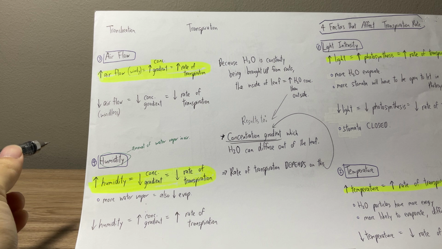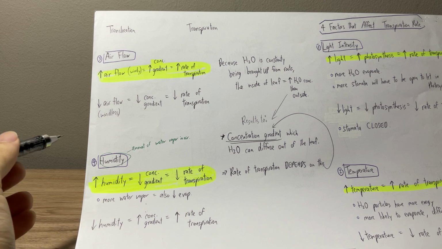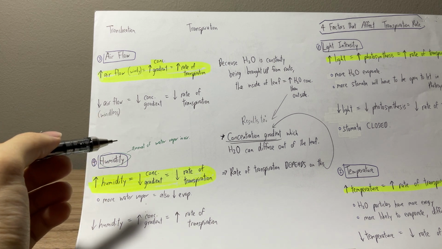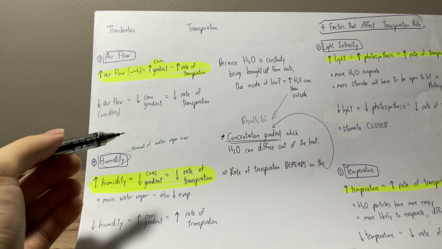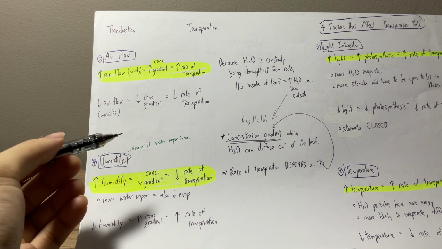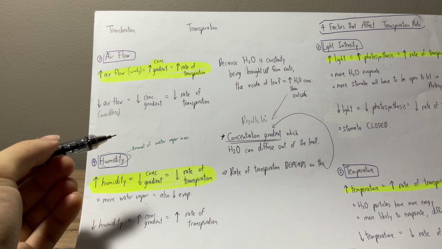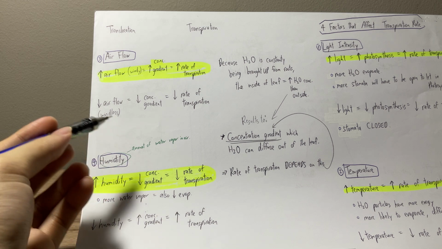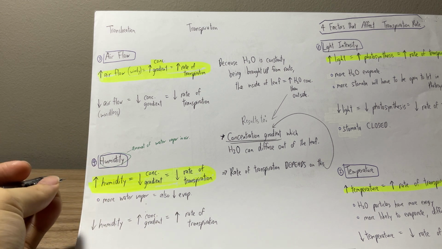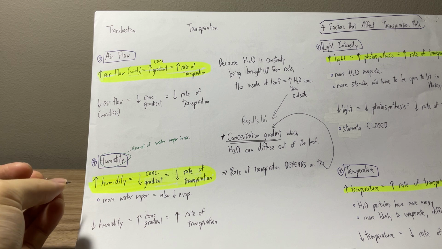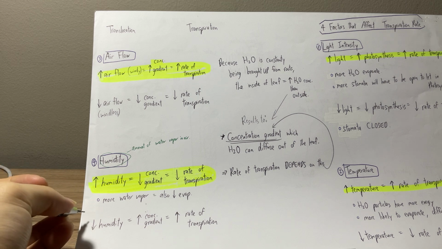So naturally, if there's a lot of water outside, then diffusion wouldn't be that strong. The plant wouldn't release too much water because there's water outside. So yeah, if you get that kind of logic.